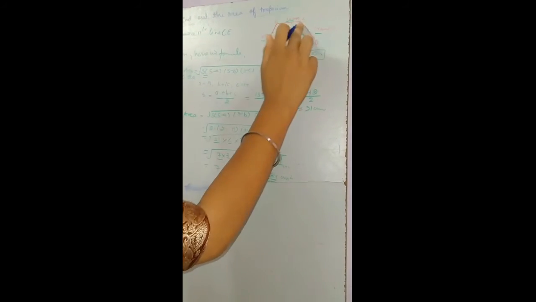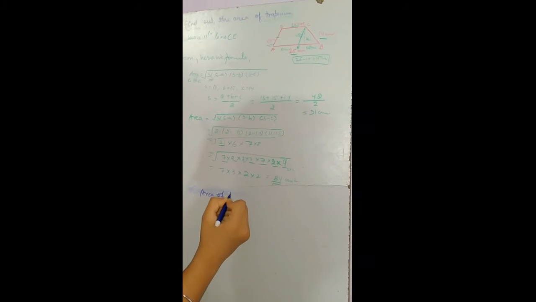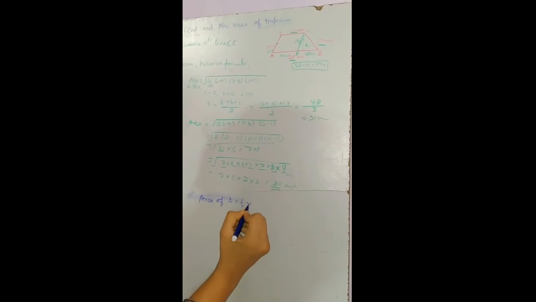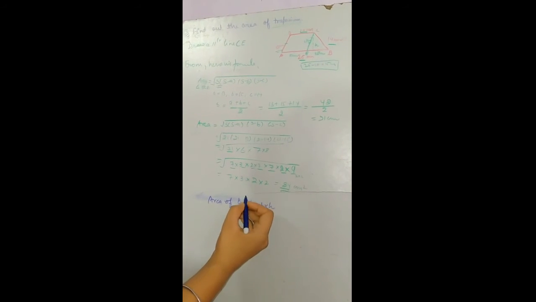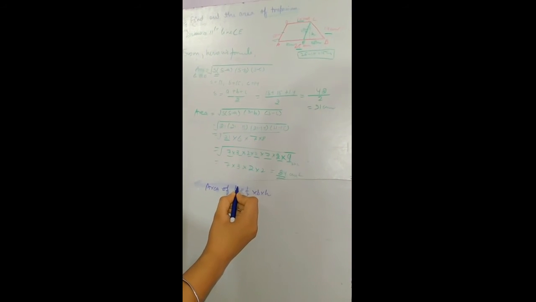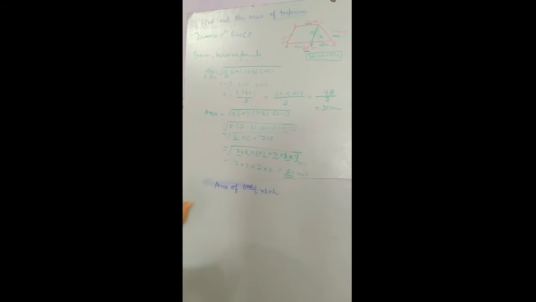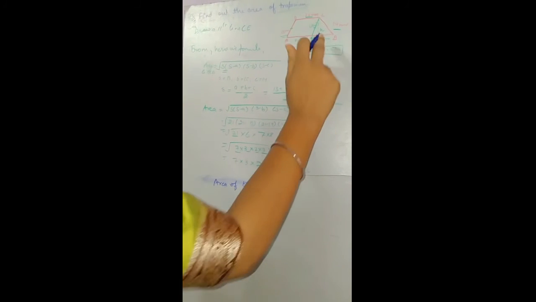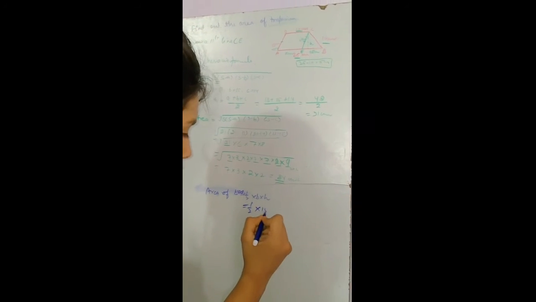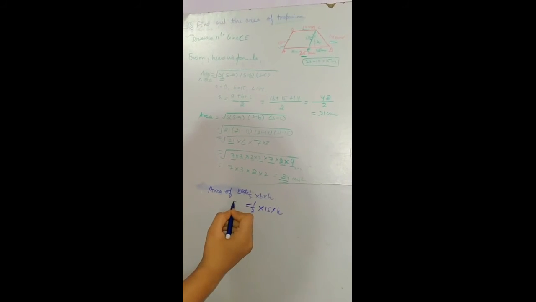We have to find out the value of h. So what will we do? The area of the triangle, which is this triangle ECB, is equal to half into base into height. So half, base is 15 which we have been given, and h we should find out, and the area we have already found is 84.